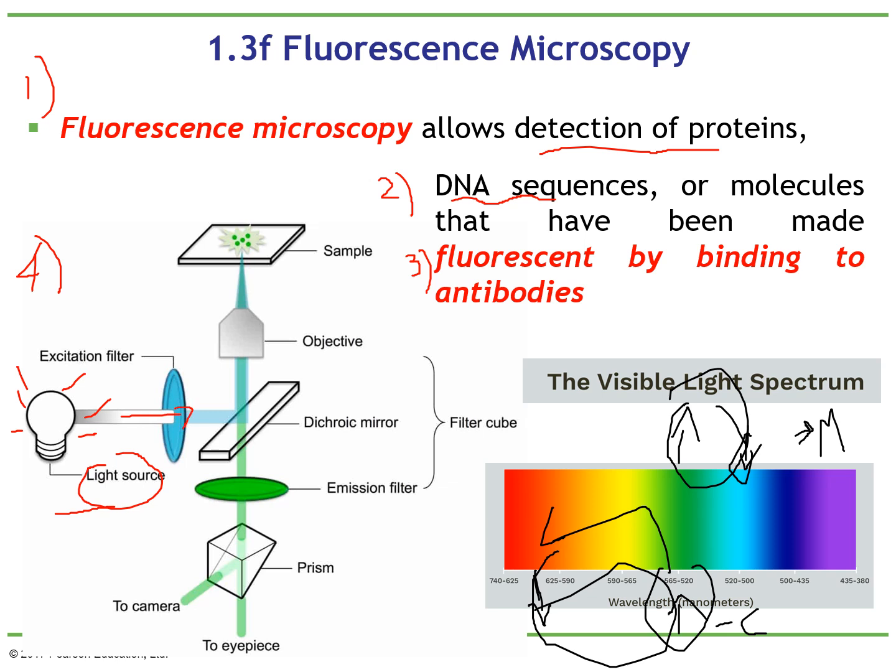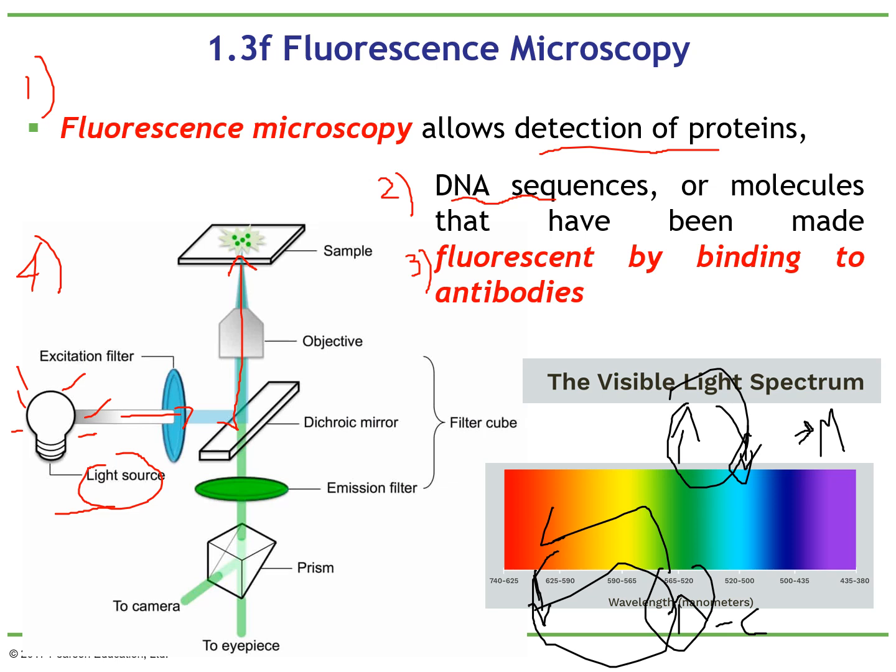Filter the light, and this light is going to bounce to the sample and excite the electrons in the sample. Those are going to get excited and go to a higher level of energy, and then when they go back into the ground state, they will have a shift in the wavelength of light, and they produce a green light.